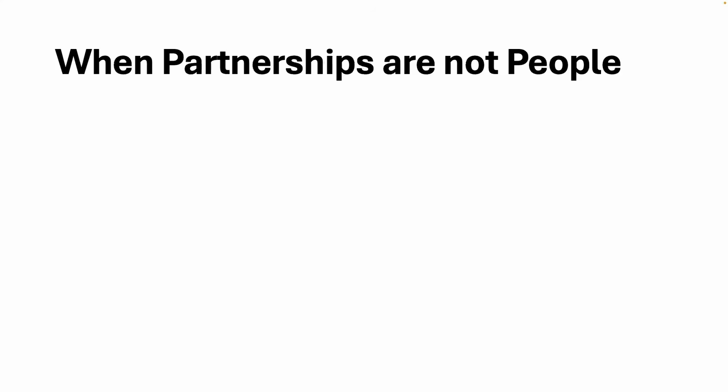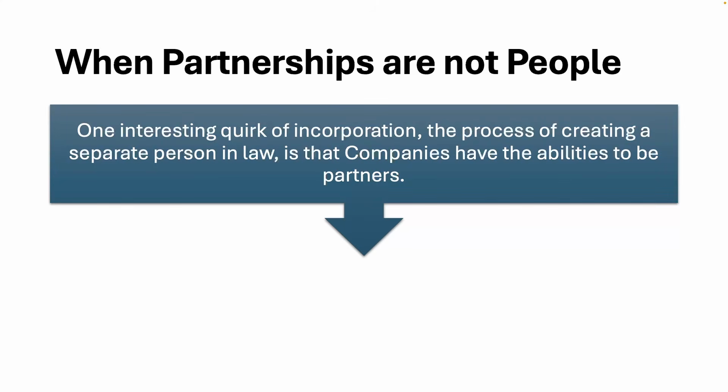The final thing I want to point out in this video is what happens when, or in what circumstances, can partnerships not be people? And I mean people in the biological sense, rather than people in any other kind of sense. So often businesses will run with people, so a normal individual who is running a business, but of course this needn't be the case.